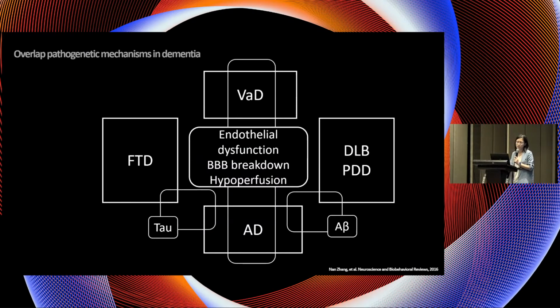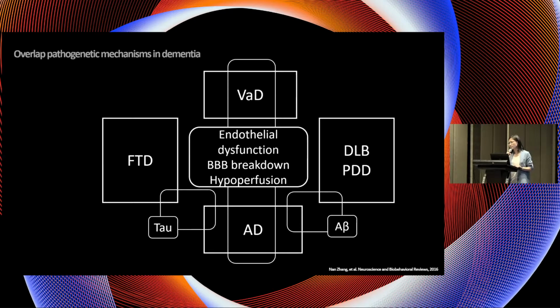There are many types of dementia. And each type of dementia has its own neuropathologic characteristics. For example, the main neuropathology of AD includes amyloid-beta and tau, which we can also observe in Lewy body related dementia and FTD respectively.